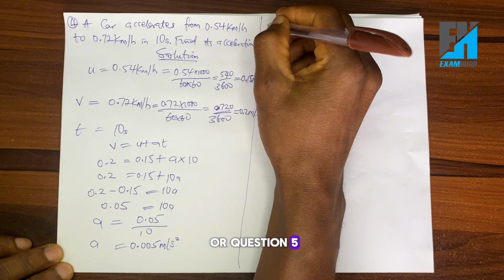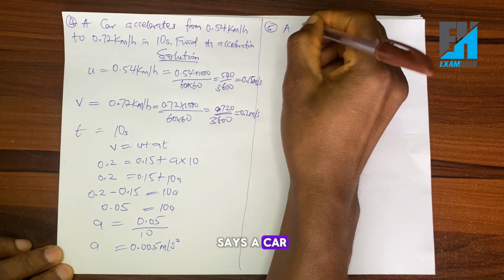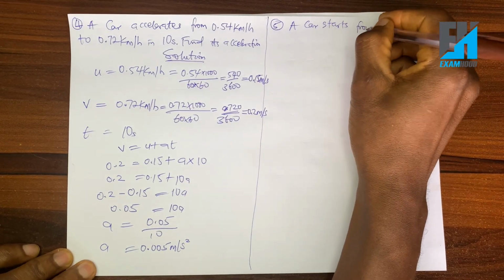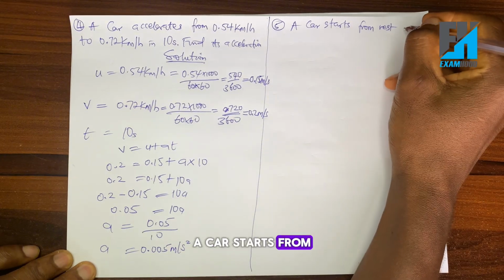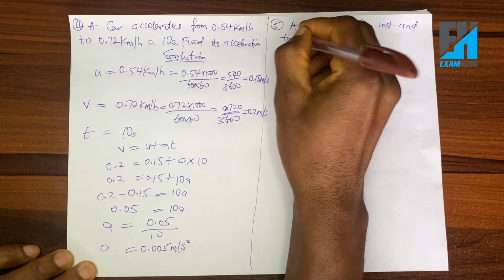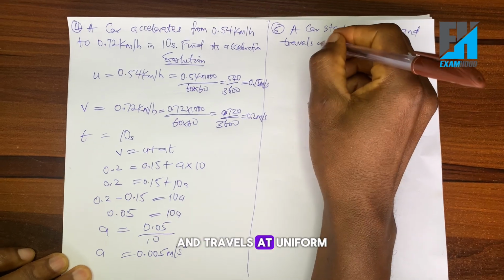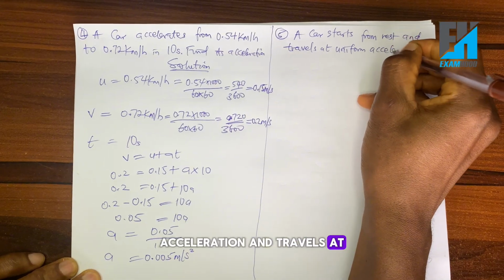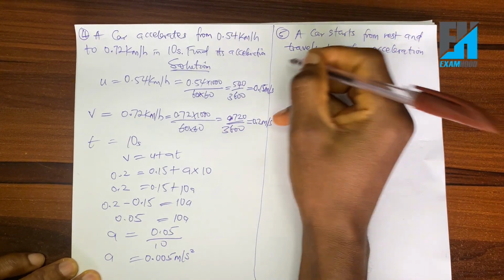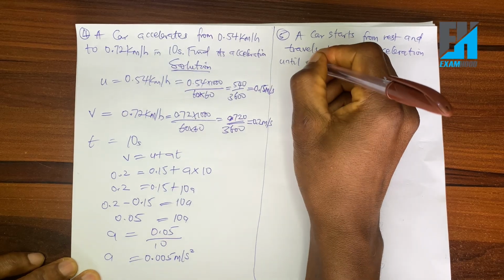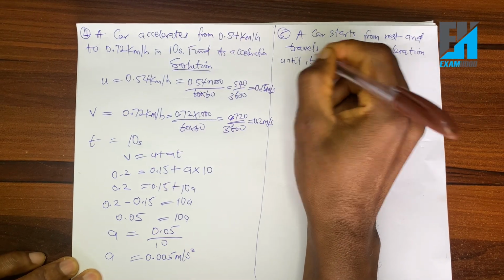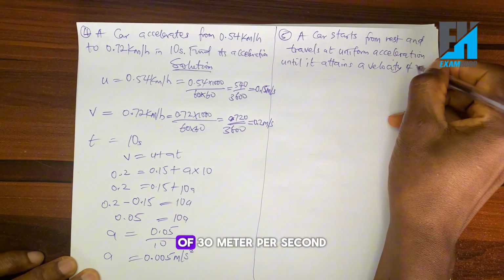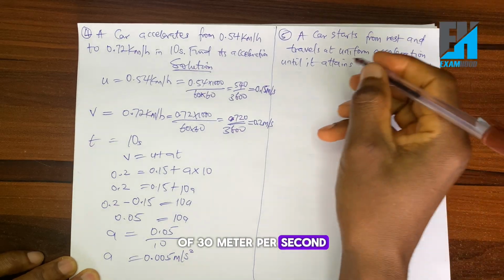Question 5 says a car starts from rest and travels at uniform acceleration until it attains a velocity of 30 meter per second.